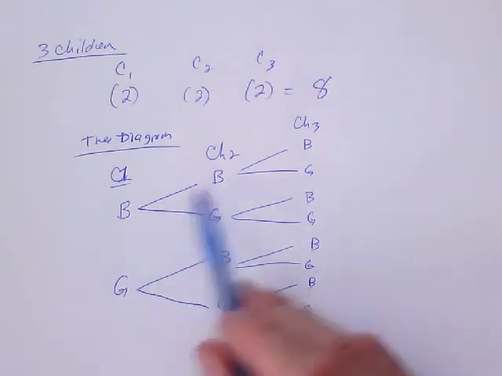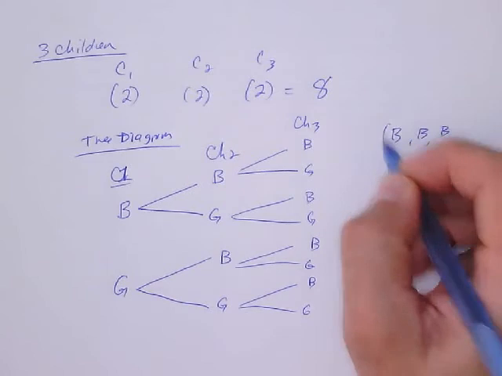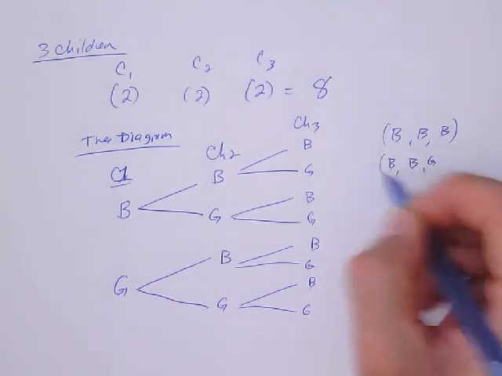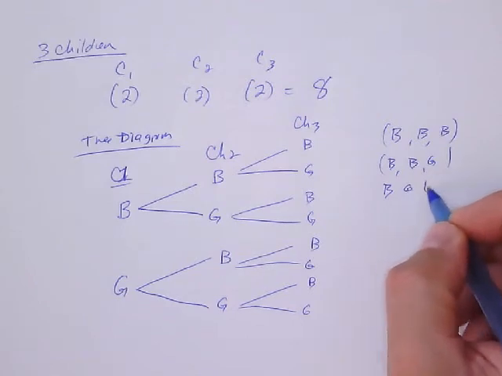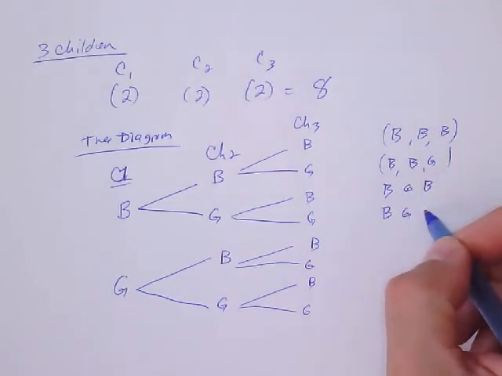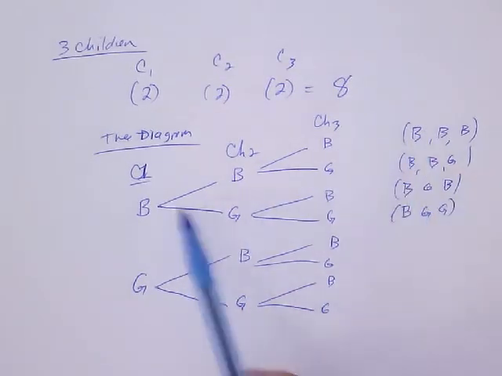So if you look at the different ways this can be arranged, it could be boy, boy, boy. We could do boy, boy, girl, boy, girl, boy, boy, girl, girl.